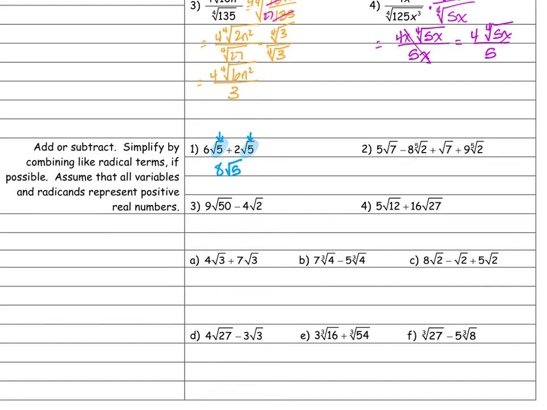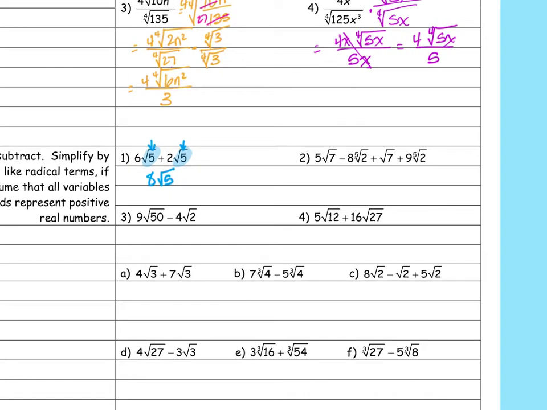Okay, so if we go to the next one, notice my like terms here would be the square root of 7 and the square root of 7. And then I've got the fifth root of 2 and the fifth root of 2. So I have two different like terms, like an x and a y, right?